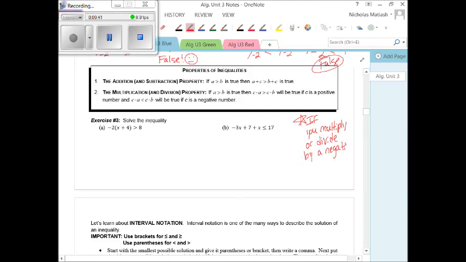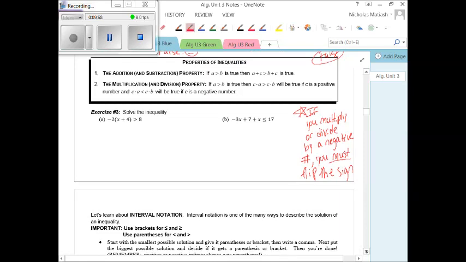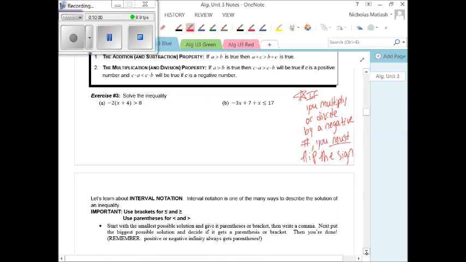So if at some point you ever multiply or divide, and this is what this star is going to mean for you, and you're going to write this down: if you multiply or divide by a negative number, you need to switch the inequality symbol, meaning flip it around. Otherwise, to solve an inequality is the same thing, same steps that you would do to solve an equation.